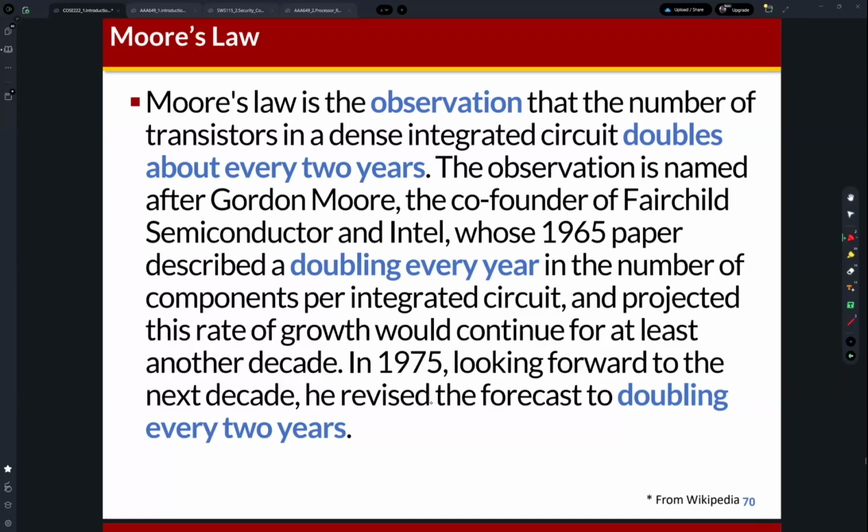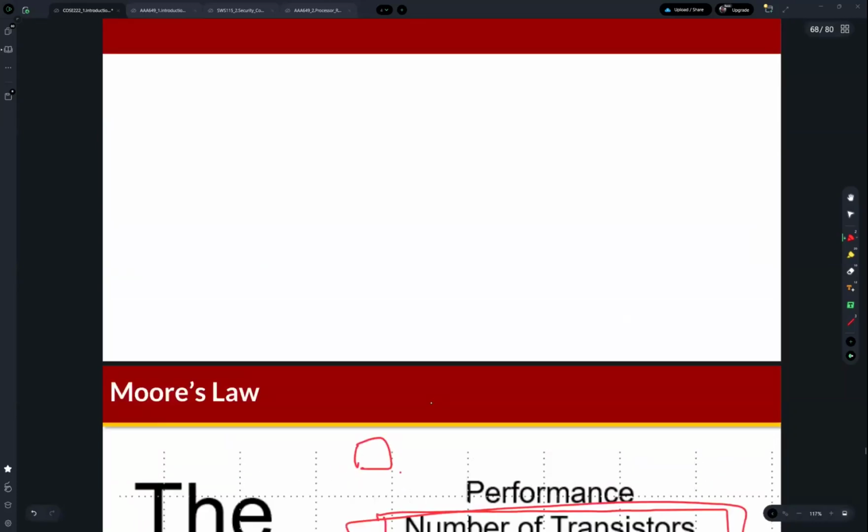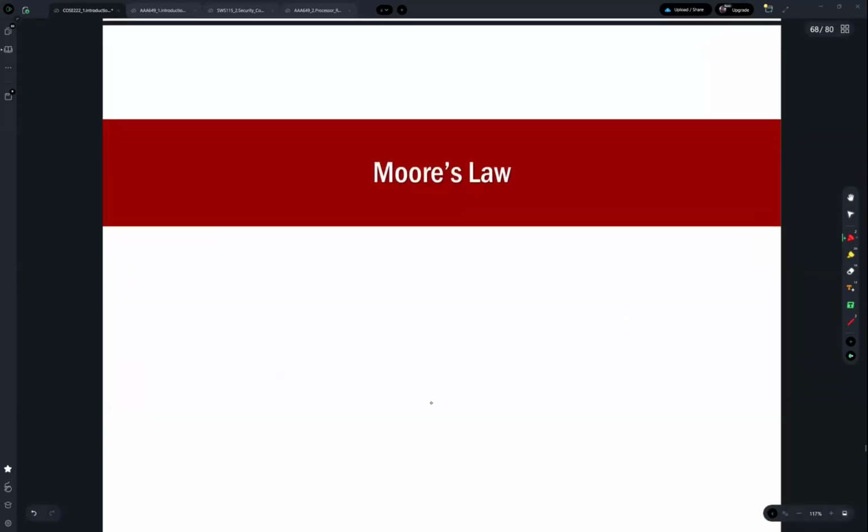That's why Moore's law is very popular, and until recently, Moore's law has worked. Semiconductor technology is now very critical for the industry of a nation.